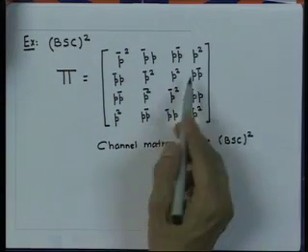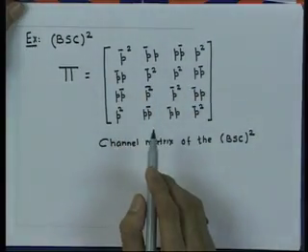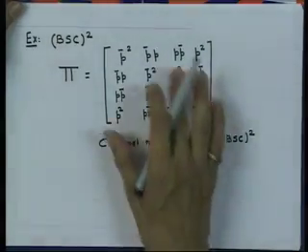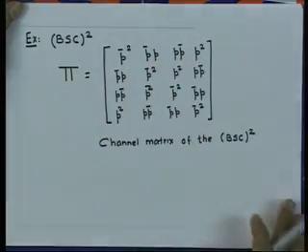Now, we note that the channel matrix of the second extension of the binary symmetric channel may be written as a matrix of matrices.